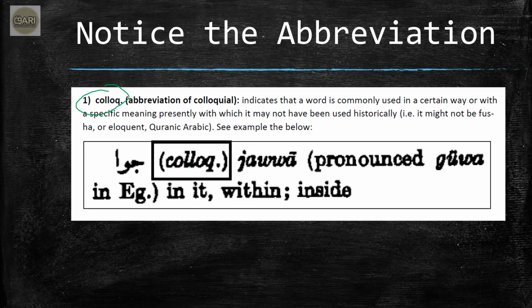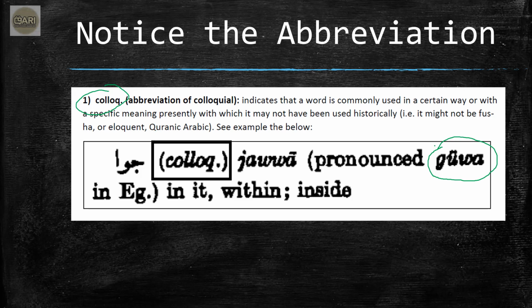So here, the word that we have is jawa, which means inside. That's very common for Arabic speech. And you can see here that they even provide, mashallah, the variation for Egyptian Arabic.